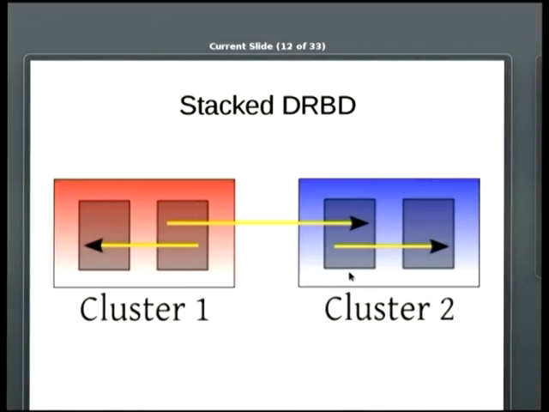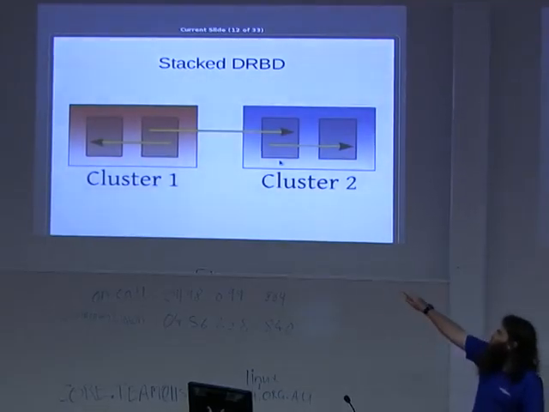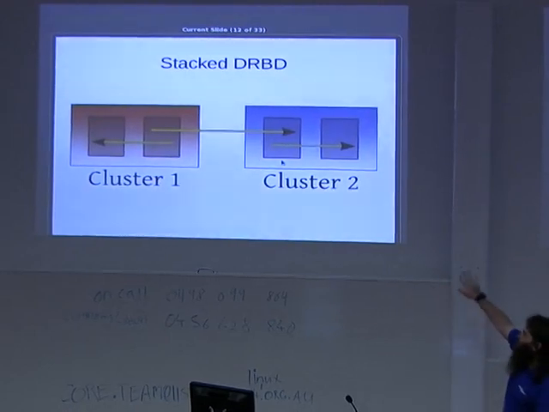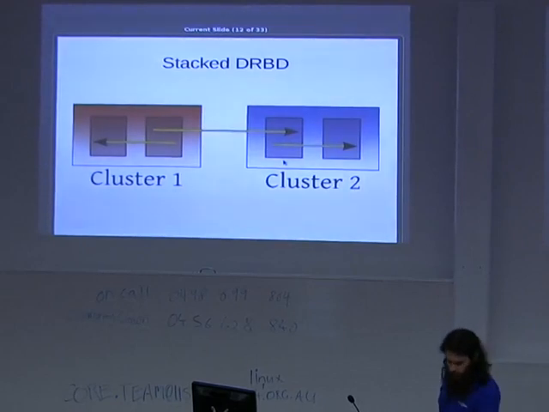And then if you wanted to fail over cluster 1 so that the left-hand node was the master, the stacked resource on top would then replicate from that. And then you read directly from the block device exposed by the stacked resource. And that would actually have done what we wanted because it replicates data from one master to 3 other nodes. That would have worked for our use case.